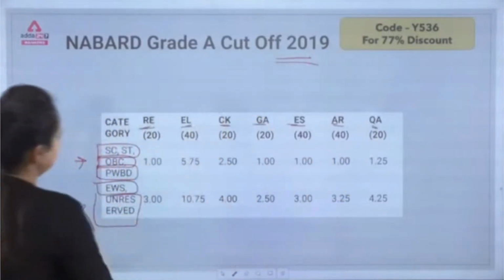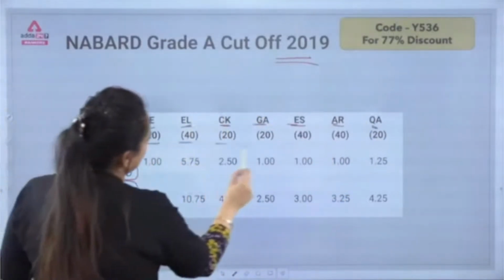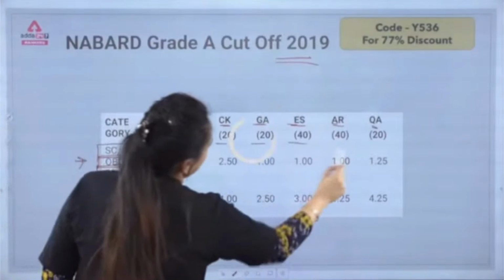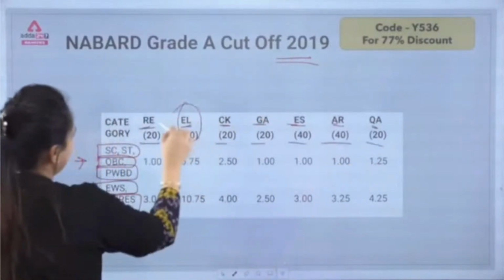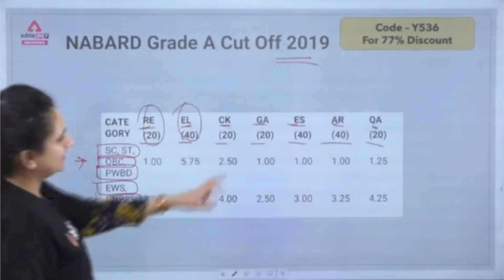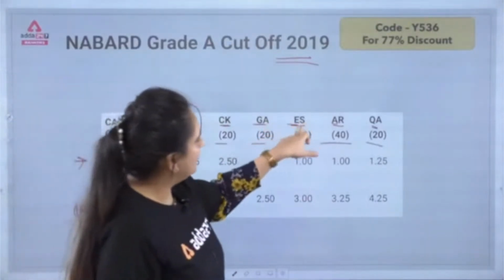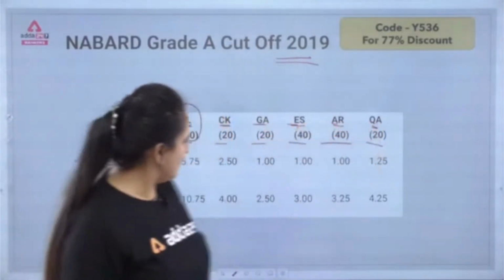Are mentioned here with the marks 20, 40, 20, 20, 40, 40, 20. Again, English language, this is reasoning, this is your GA, this is your again Agri and Quant, right?